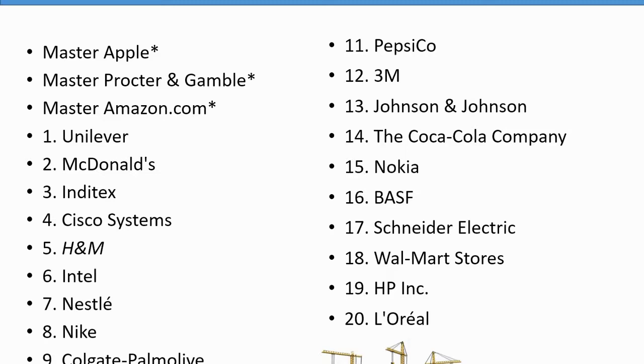All of that is tied back to supply chain management and their overall business strategy. We look at Apple, Procter & Gamble, Amazon. I can go down the list, but we can see some very familiar names. An end result of having a good business strategy and a good supply chain strategy is, again, maximizing the customer value and maintaining a sustainable competitive advantage.